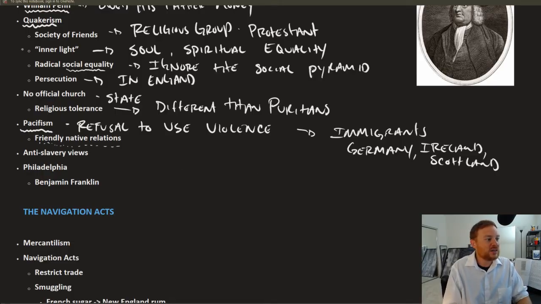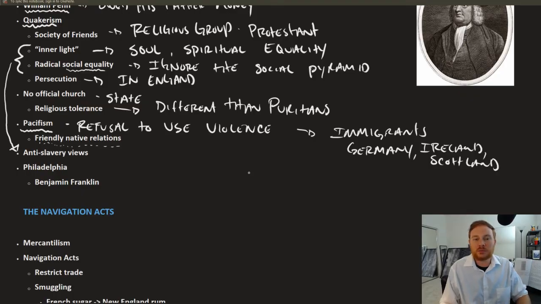This idea of social equality and the inner light also translates to the Quakers' view on slavery. They're one of the earliest anti-slavery groups. They're still a religious group, but they're uncomfortable with it. And by about the time of the American Revolution, the Quakers actually make it a banishable offense if you hold slaves.